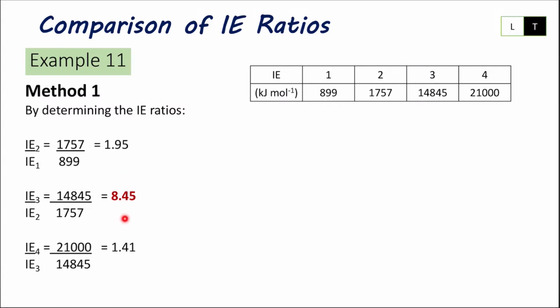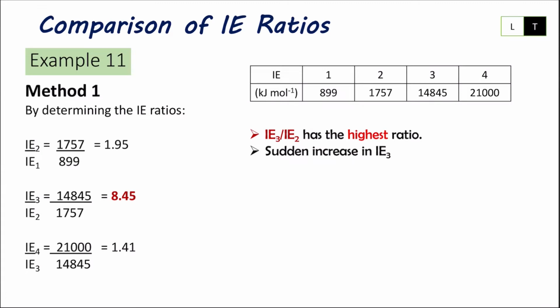You can see that there is a sudden increase compared to another value because this one starts with 8. However, the other two ratios have values starting with 1. So I can conclude right now, IE3 over IE2 has the highest ratio due to the sudden increase in IE3.